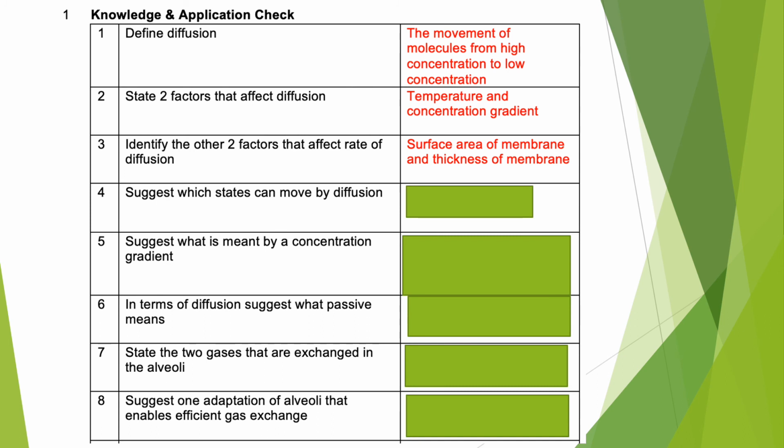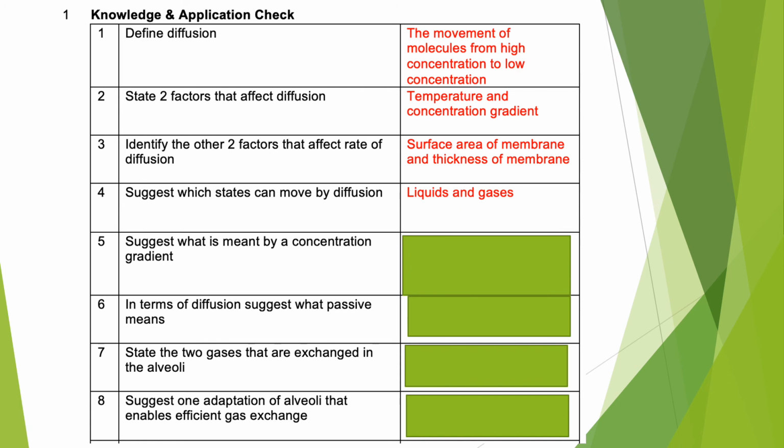Number 4, suggest what states can move by diffusion. So this was in the definition in the very beginning. Diffusion only happens in gases and liquids. Okay, so there you go.